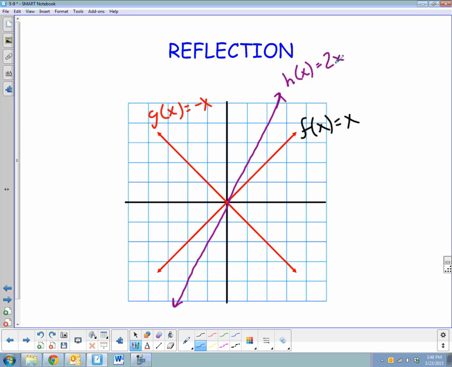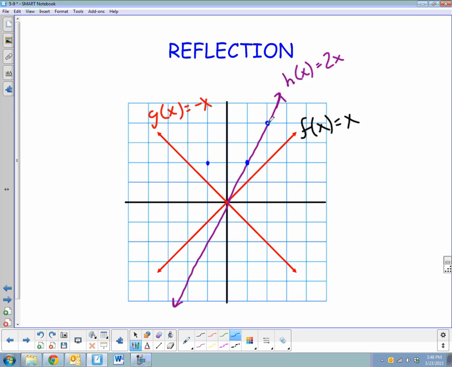So if I have that equation and I reflect it across the y-axis, the new equation is going to be a reflection. This point here is 1 away from the y-axis. It's 1 away from the mirror. So if I reflect it, it's going to be over there.